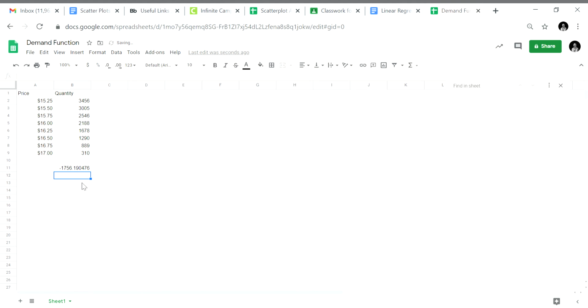And our slope is negative 1,756. To get the intercept, equals intercept, and you can see down here y-intercept of line derived via linear regression, and we enter the data the same way, the dependent variable first, B2 to B9, comma, A2 to A9.